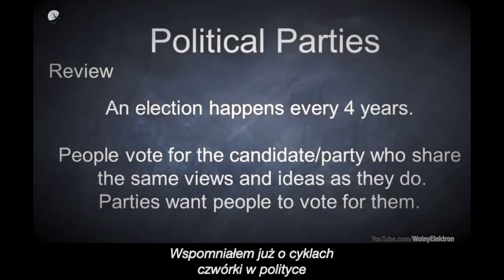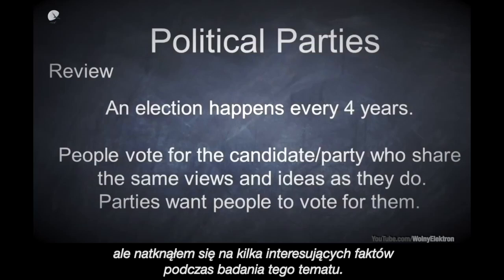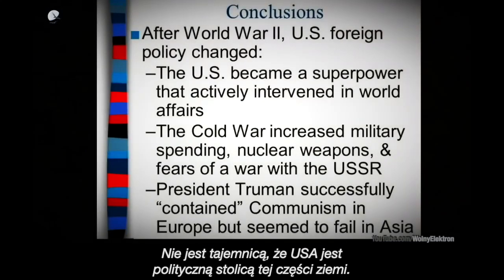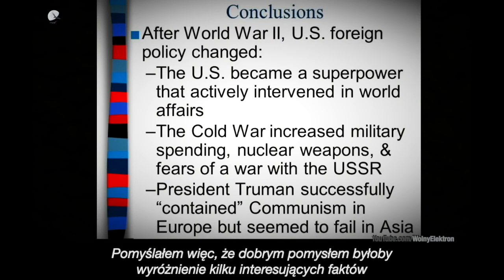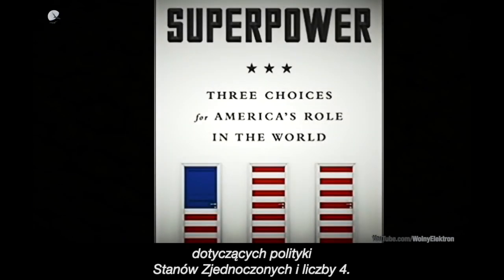Now, I've already mentioned the cycles of 4 in politics, but I came across some quite interesting facts whilst researching this topic. It's no secret that the USA is the political capital of this part of Earth. So I thought it would be a good idea to highlight some interesting facts regarding American politics and the number 4.